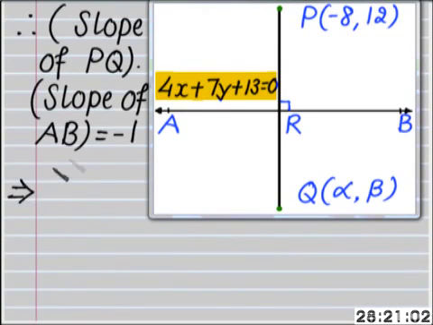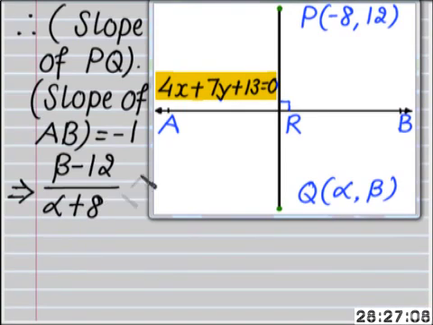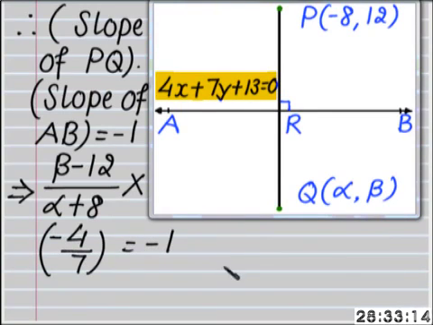Implies that (beta minus 12) upon (alpha plus 8) into -4 upon 7 is equal to -1. That is, slope of line segment PQ into slope of line AB is equal to -1.